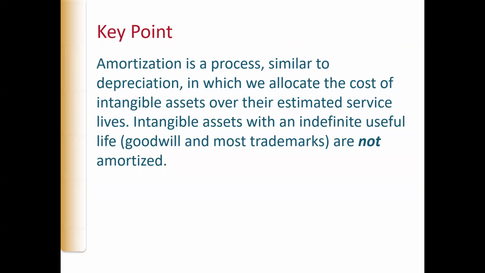Amortization is a process similar to depreciation, in which we allocate the cost of intangible assets over their estimated service lives. Intangible assets with an indefinite useful life, goodwill, and most trademarks are not amortized.